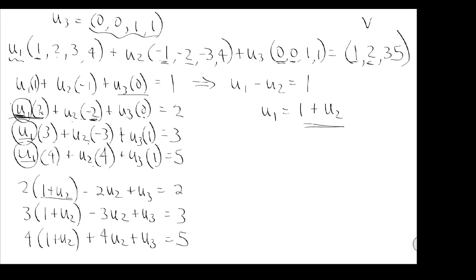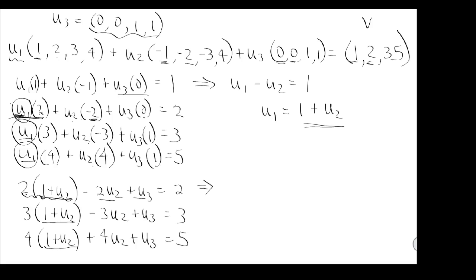So I have 2 times 1 plus u2, 3 times 1 plus u2, 4 times 1 plus u2. So now I want to simplify each of these equations by distributing, for example, the 2 over the 1 plus u2, and combine it with the other terms to get a simplified version of each equation.